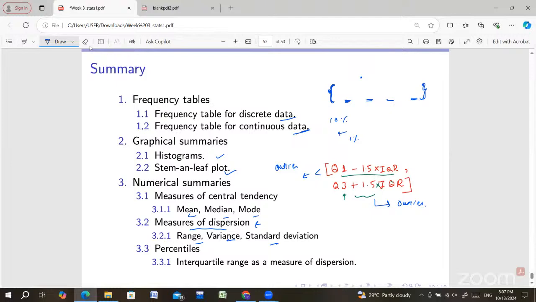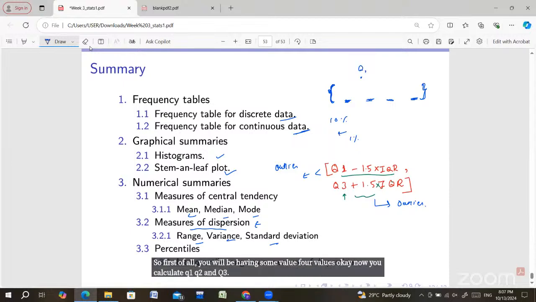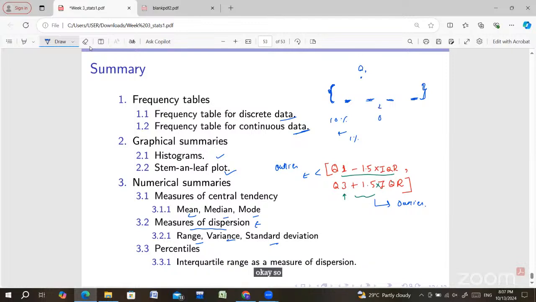First of all, you will have 4 values. Now you calculate Q1, Q2, and Q3. Q2 will be in the middle, the average of these two. Q1 will be, I think, somewhere here. Since I have not calculated the values, I am assuming it will be here.